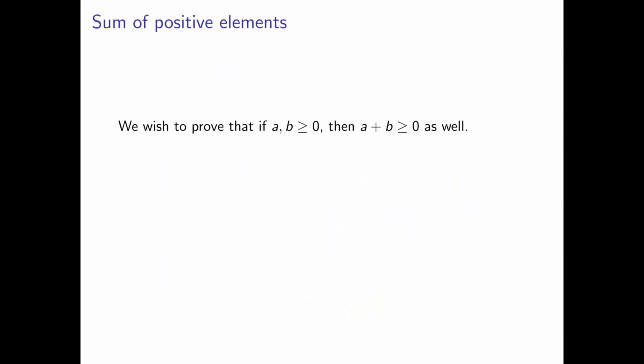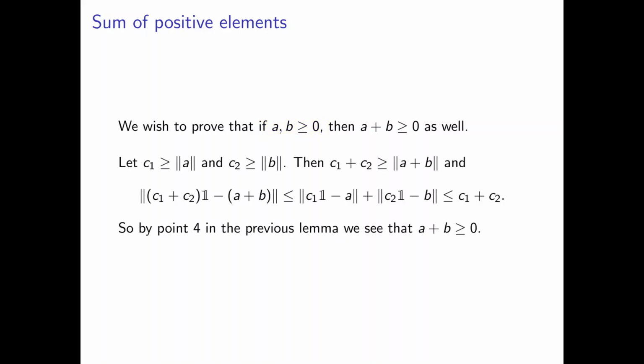And using this, we can now easily prove that the sum of positive elements is, once again, positive. So say that A and B are greater than or equal to 0. Then we can use this characterization from the lemma to prove that A plus B is positive as well.